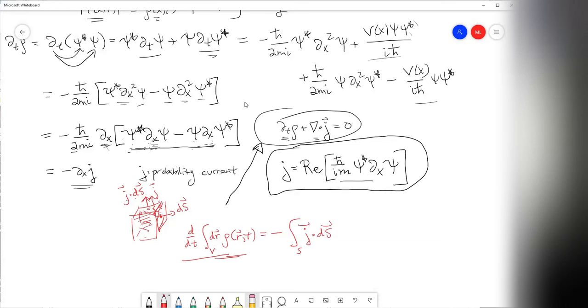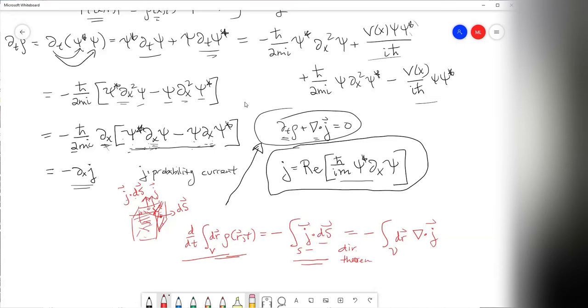And we can use the divergence theorem. I forget what it is, it's one of those Green's theorem, one of those calc theorems from multidimensional calculus, that the current dotted into the surface element must be equal to the integral over the volume of the box of the divergence of the current.